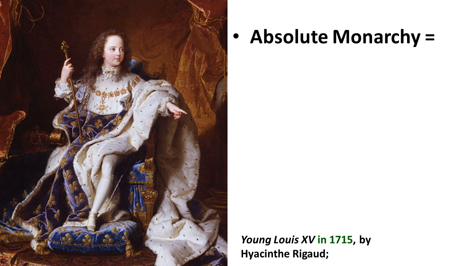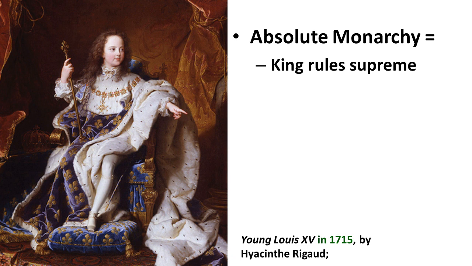And so in theory, absolute monarchy is a political system in which the king, or the monarch, rules supreme, which means that he actually governs and has all the dimensions of power: military power, legislative power, executive power, even religious power to a certain extent in France.